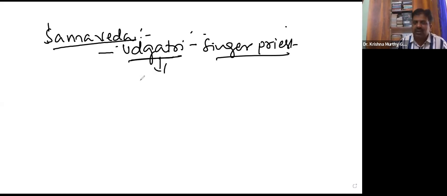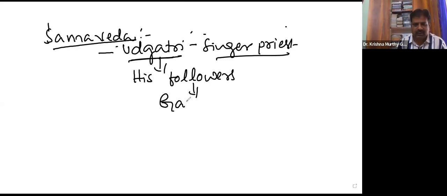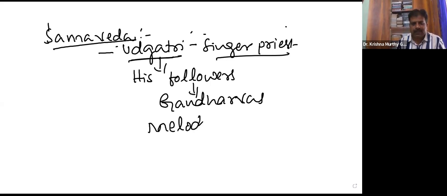His followers or students were known as Gandharvas. It means melodious singers of the Vedic period.